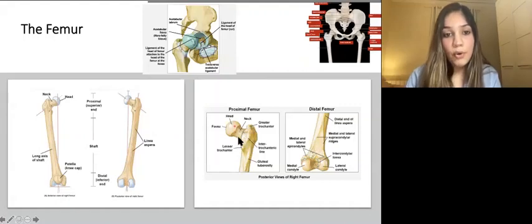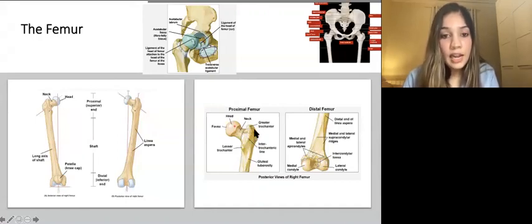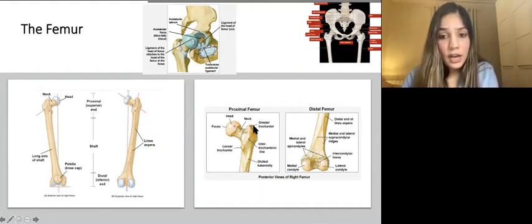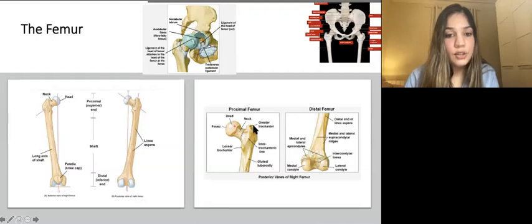The greater trochanter is the most lateral palpable projection of the bone, also at the anterior aspect of the femur. And it's a site of attachment of many muscles, which we will cover later in the talk, some of which include the gluteus muscles of the hip.